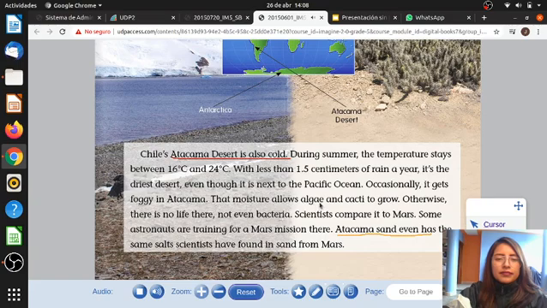That moisture allows algae and cacti to grow. Otherwise, there is no life there, not even bacteria. Scientists compare it to Mars. Some astronauts are training for a Mars mission there. Atacama sand even has the same salts scientists have found in sand from Mars.